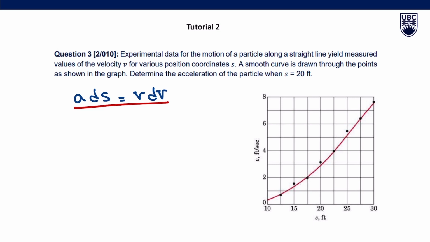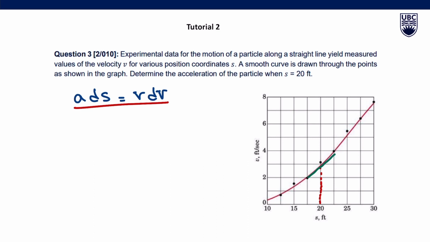So on the graph, we find that at 20 feet here, and this is the tangent, the tangent line gives us a slope or acceleration, calculated by taking the change in velocity divided by change in position.